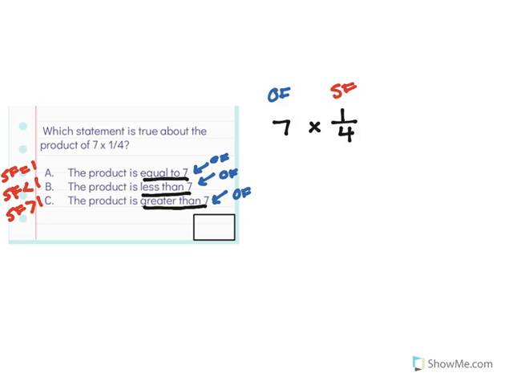Well, when we look at our scale factor, 1/4, I know 1/4 is less than 1. So our product is going to be less than 7. This makes sense because we're making less than 1 copy of 7. So our answer here was B.